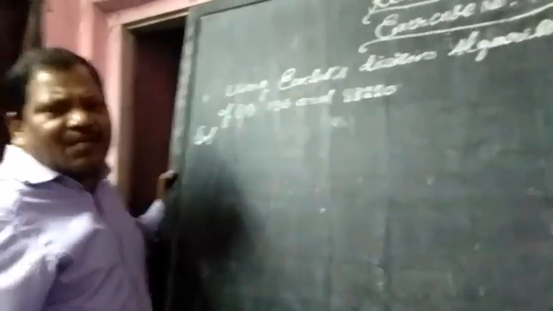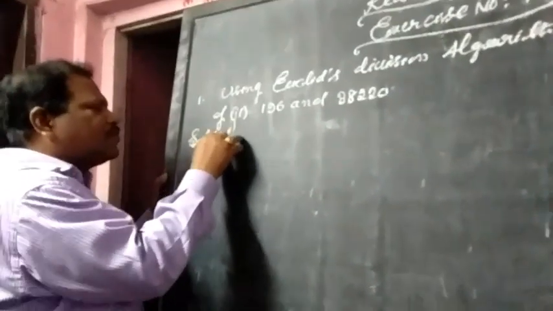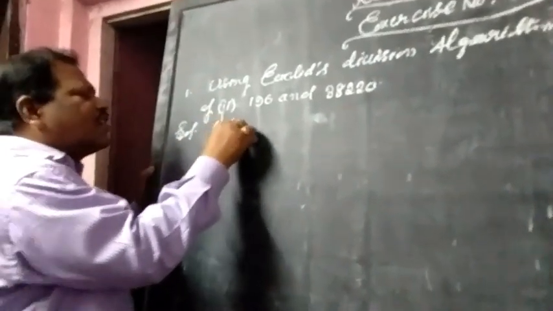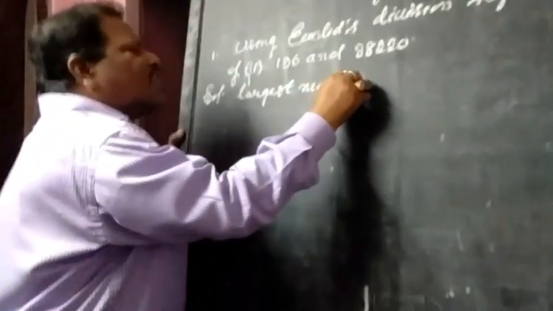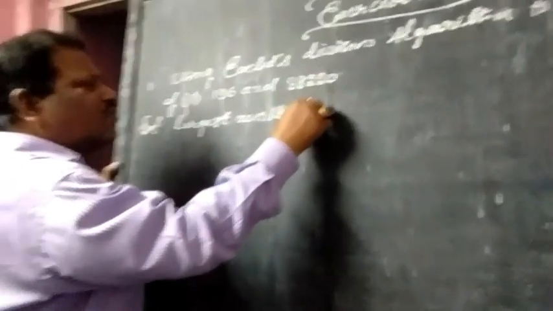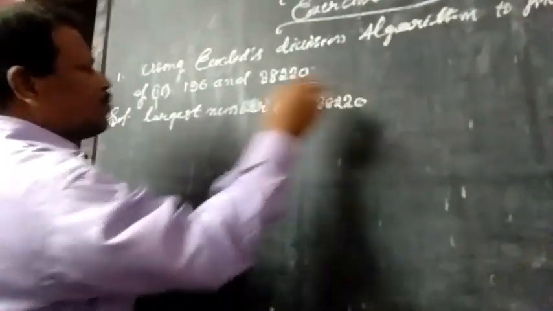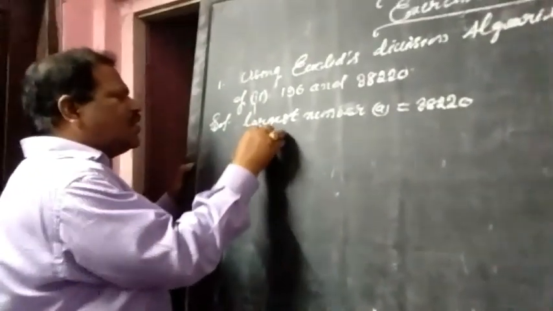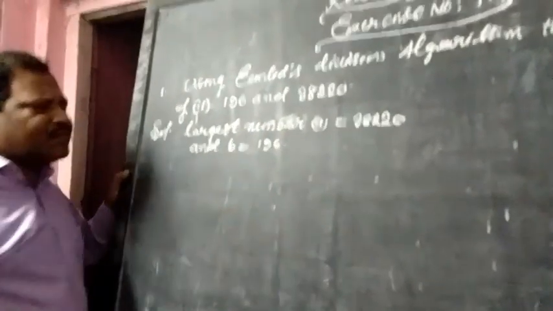Very simple, 38220. Here, let the largest number A be equal to 38220, and B is equal to how much? B is equal to 196.